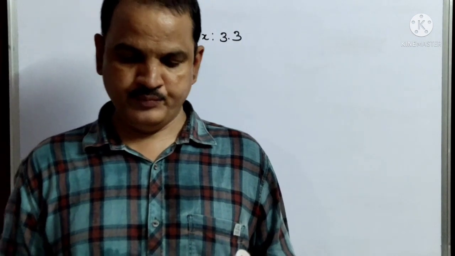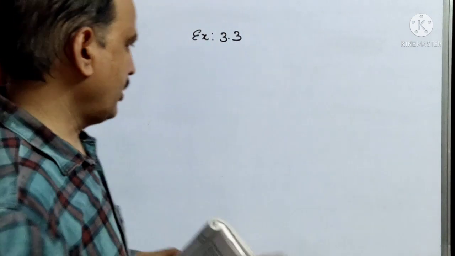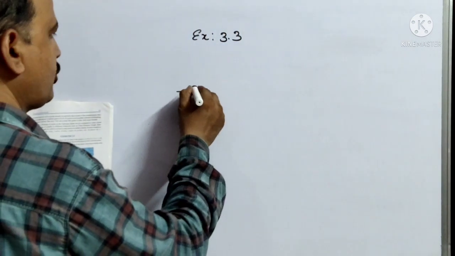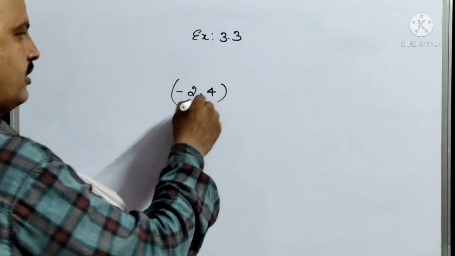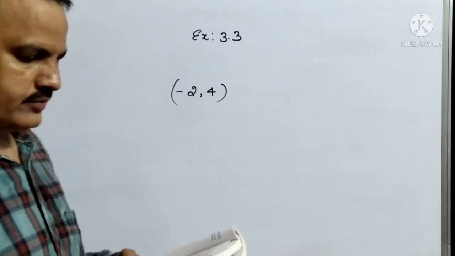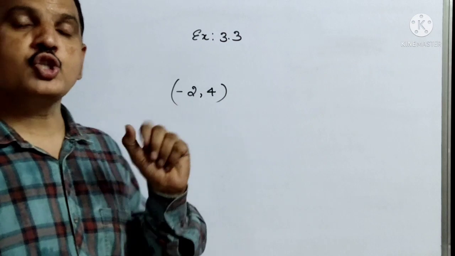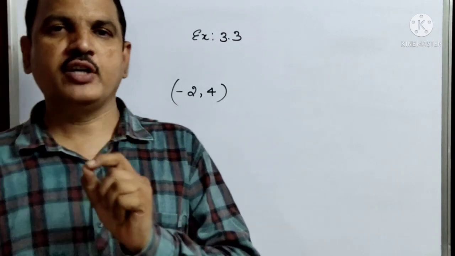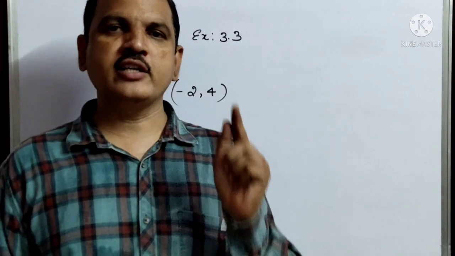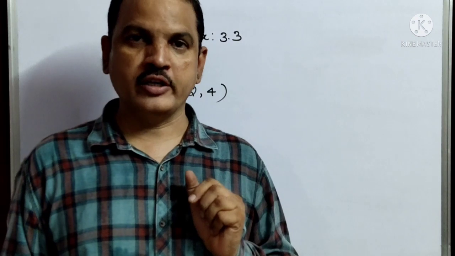Verify your answer by locating them in a Cartesian plane. Here minus 2, 4 is asked, it lies in which quadrant. That means first you have to write either first quadrant, second quadrant, third quadrant or fourth quadrant.